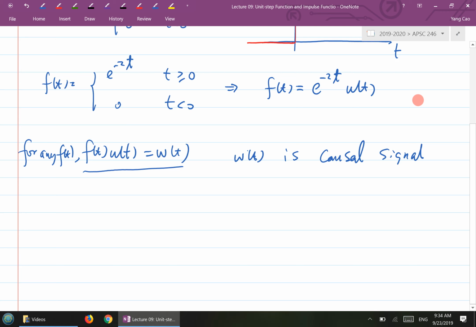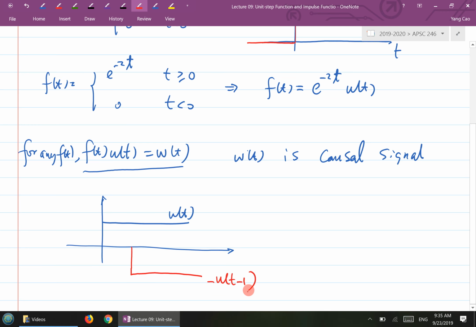We also had an example where I showed you how to create a cookie cutter. Suppose we have u of t here, and you can have a negative u of t minus 1 here.